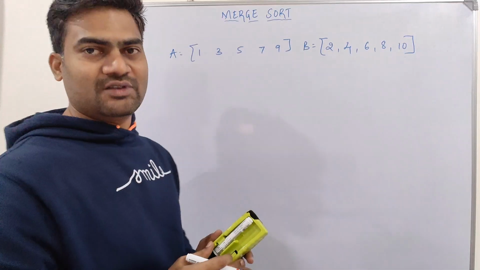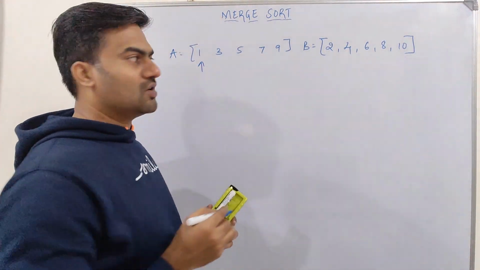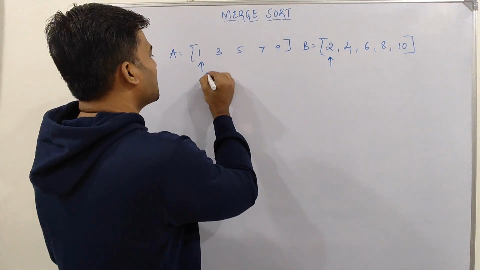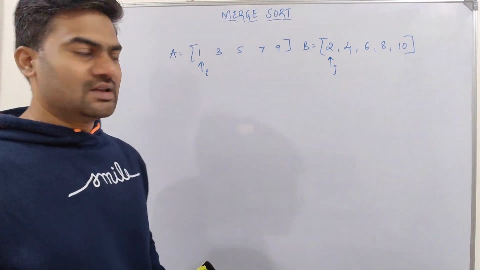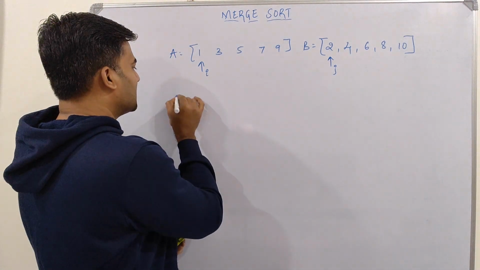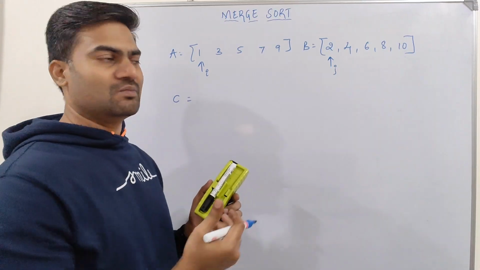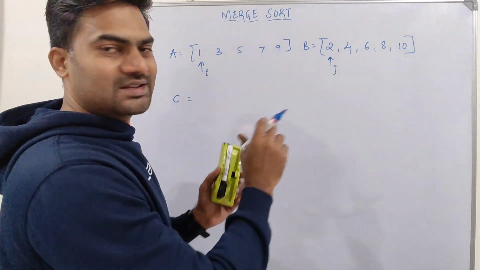For that, I will place a pointer on both the arrays at the start of the element. Let us call it I and let us call it J. I also want to take another array which is C. This stores my combined merged sorted array.